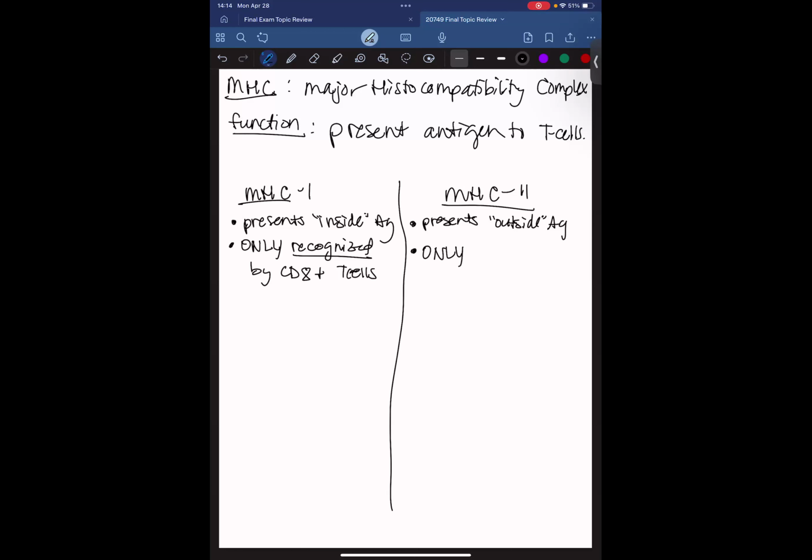And MHC2 is only recognized by CD4 positive T cells. CD8 T cells versus CD4 T cells.